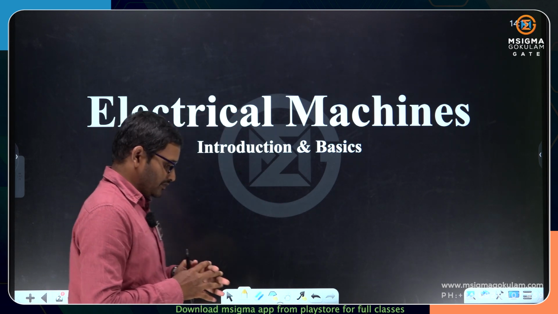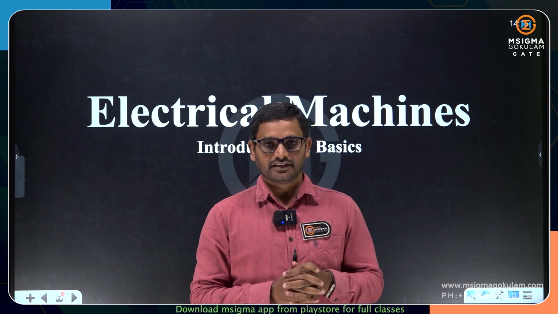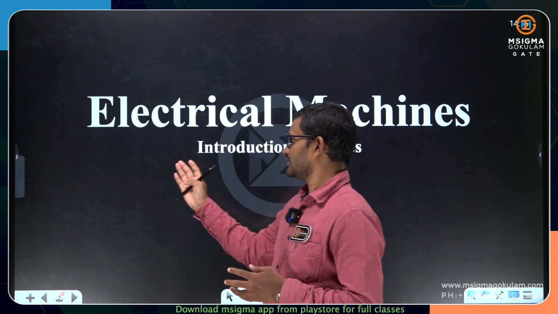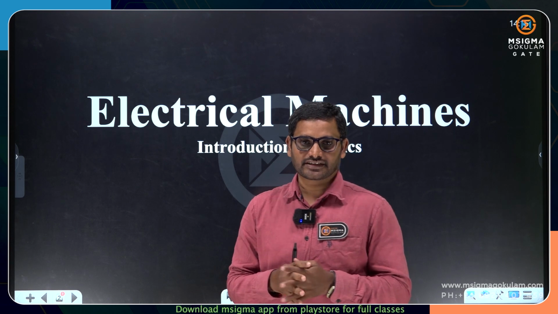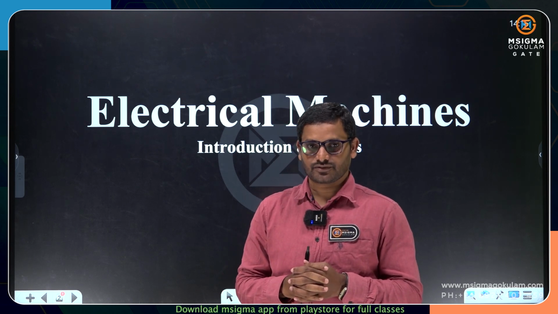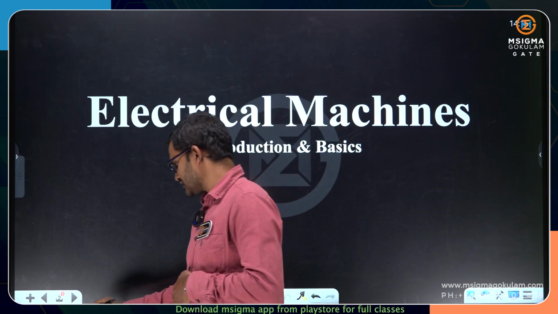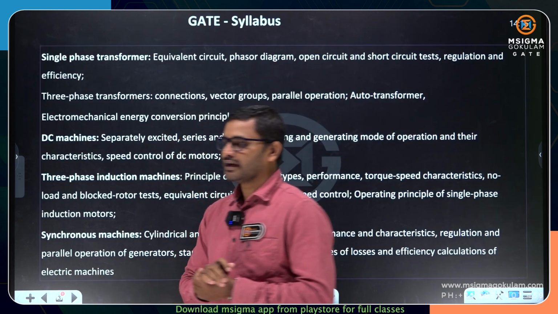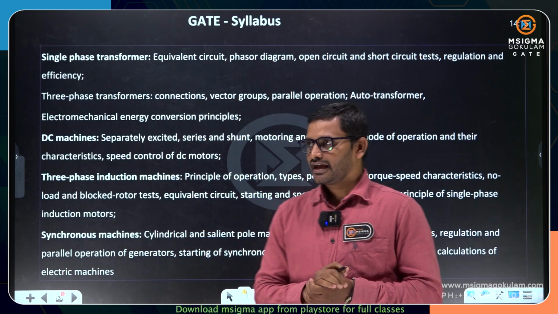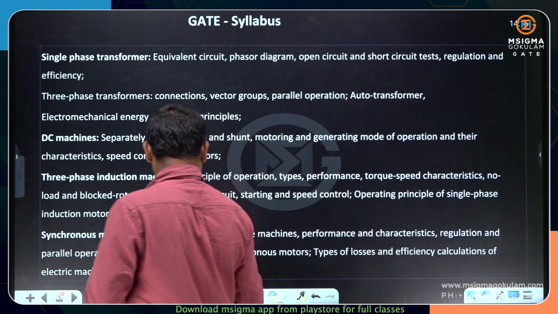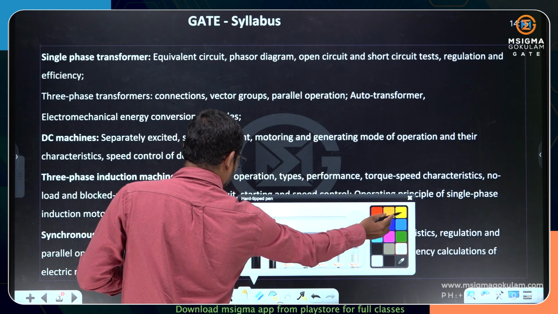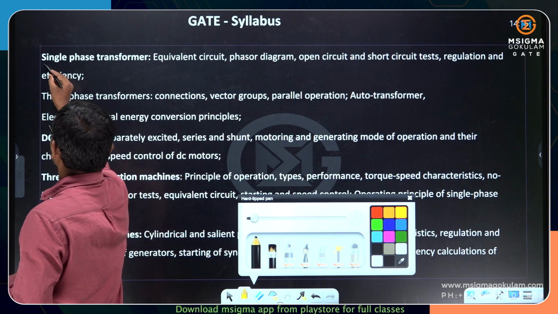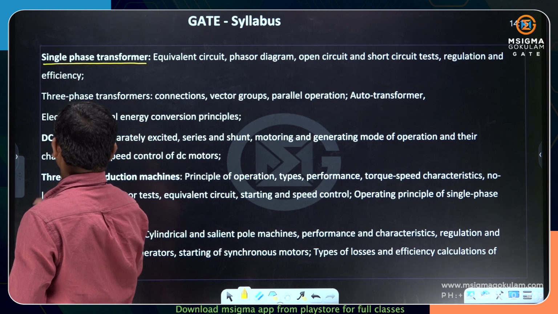So coming to the syllabus, let me introduce the syllabus, especially the GATE oriented syllabus and the engineering service examination oriented syllabus. If you look at the syllabus, there are different parts. One, transformers.